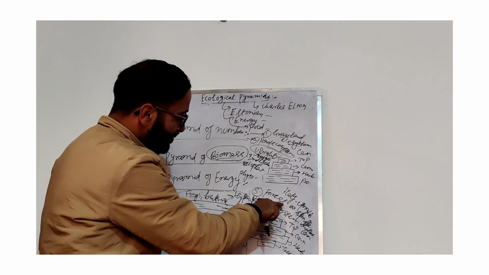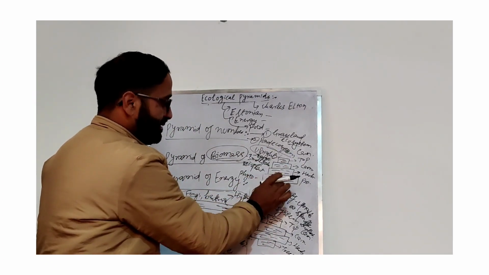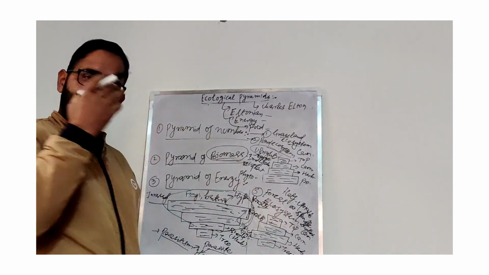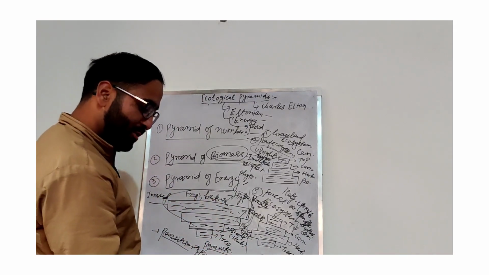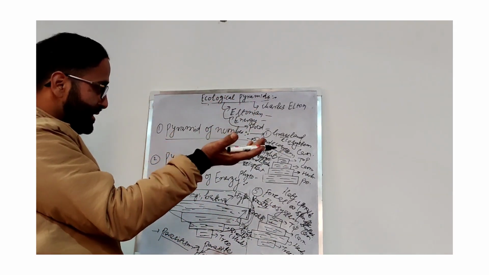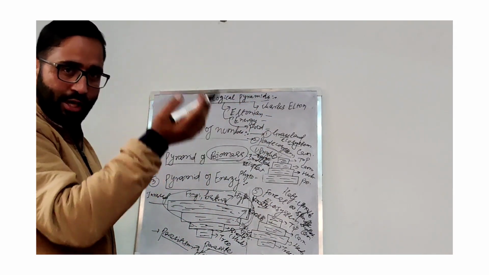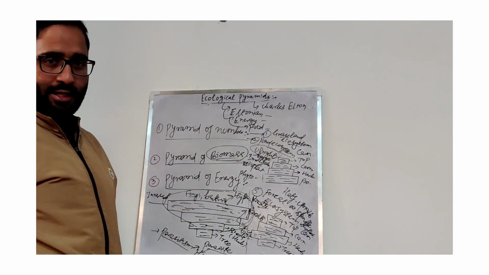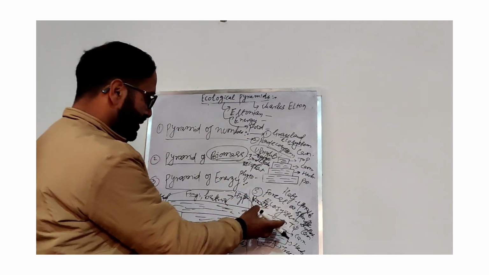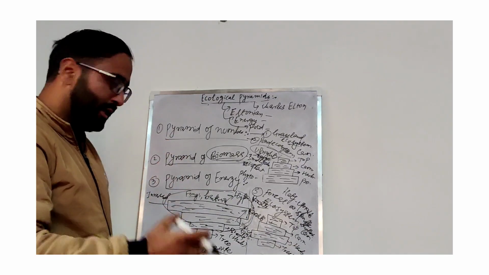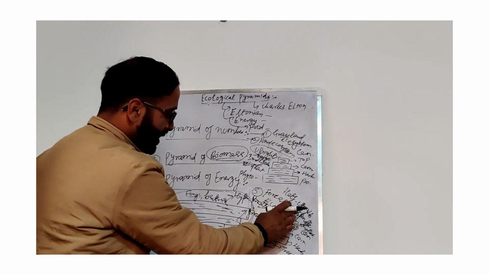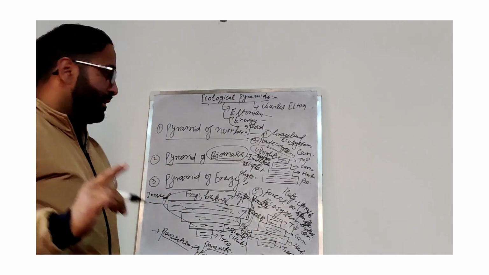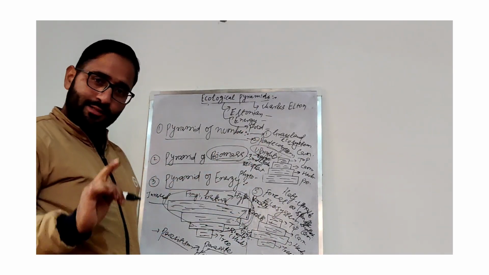In a tree forest ecosystem as well, the same thing happens. Trees are less in number, but their biomass is very large, and this biomass keeps on decreasing as we move along a food chain. At successive trophic levels, the biomass keeps on decreasing.